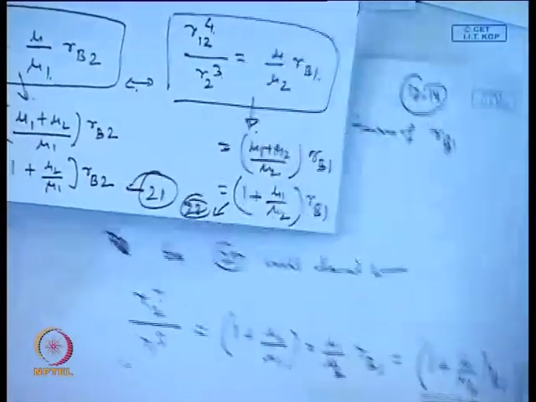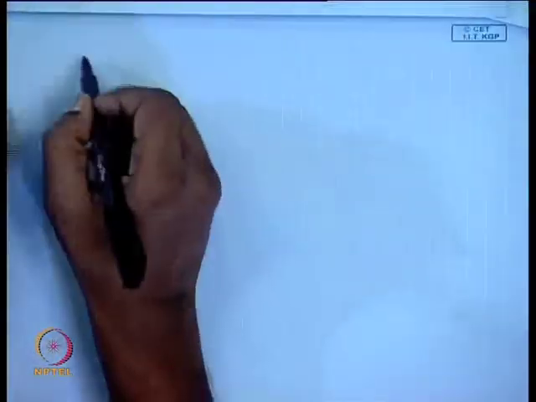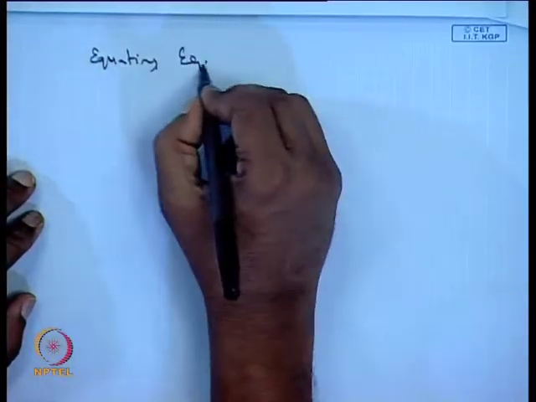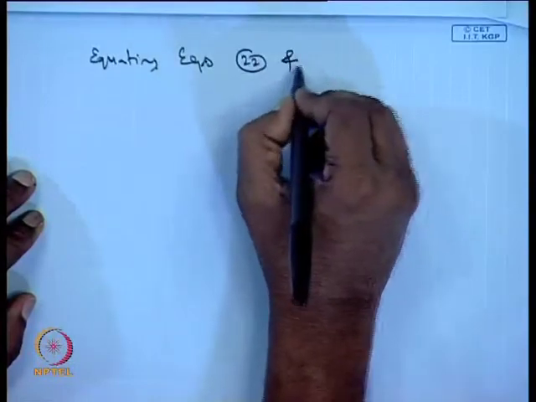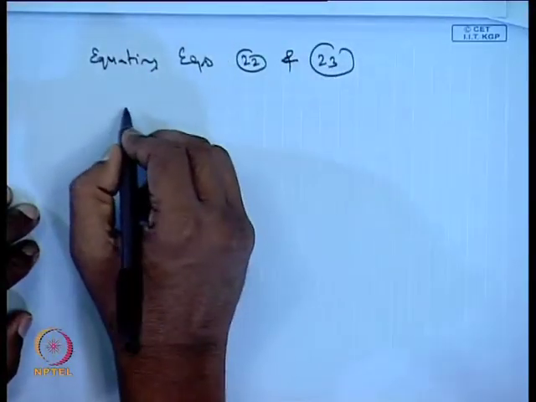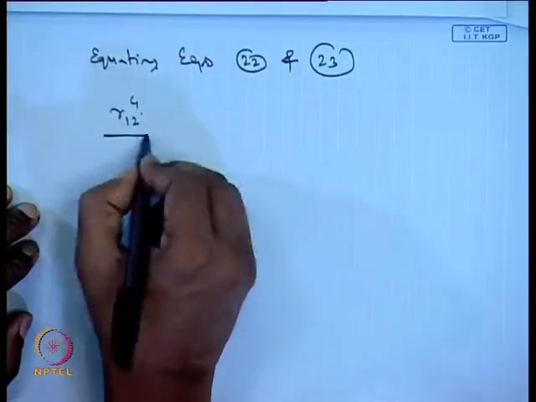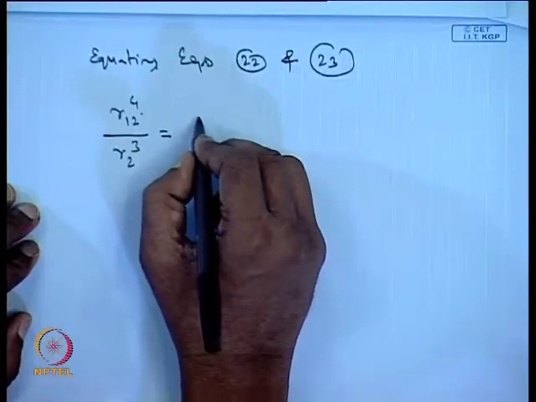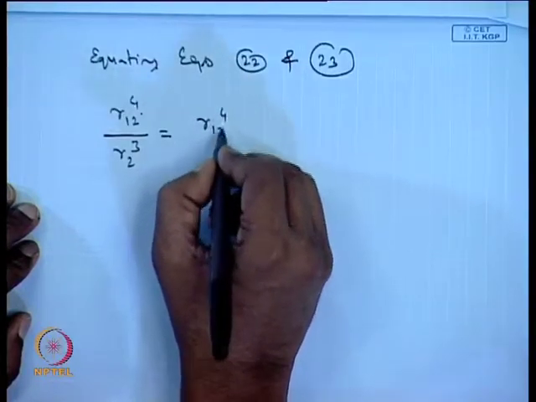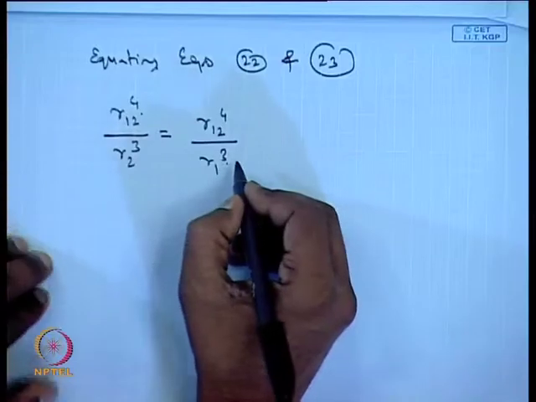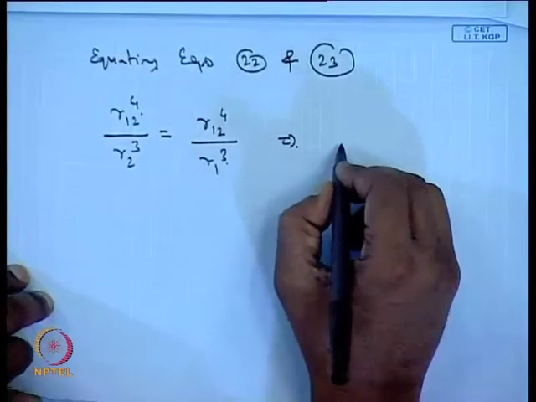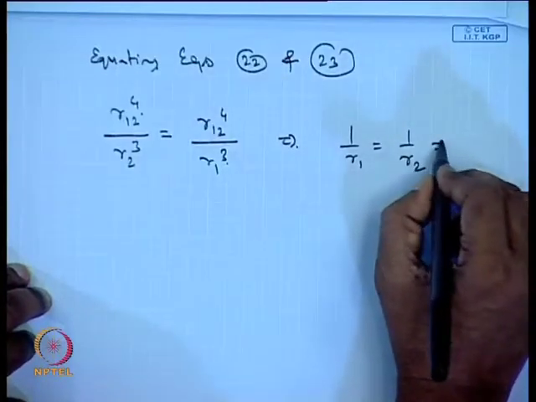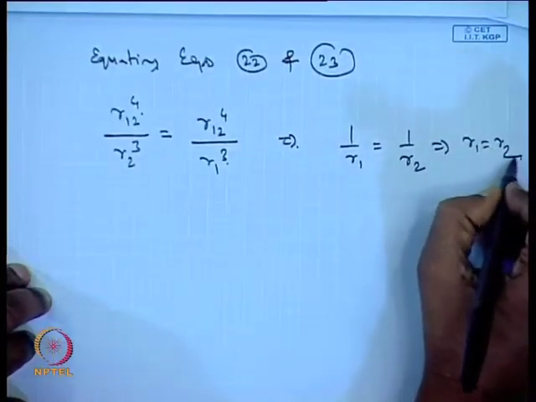So, by equating equations 22 and 23, this will give us R12 to the power 4 by R2 whole cube equal to R12 to the power 4 by R1 whole cube. And this implies 1 by R1 is equal to 1 by R2, and this implies R1 is equal to R2.